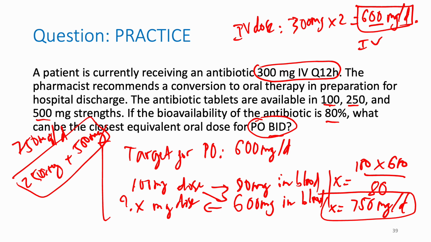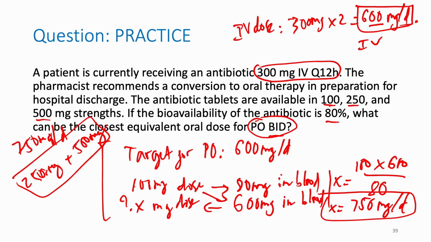Why? Because you have different doses, 250 and 500, and the patient can be confused. They don't remember when to take 250 or whether they take 250 or 500 milligram, and this very unbalanced dose is not good for the dosing. So this is not a good choice.